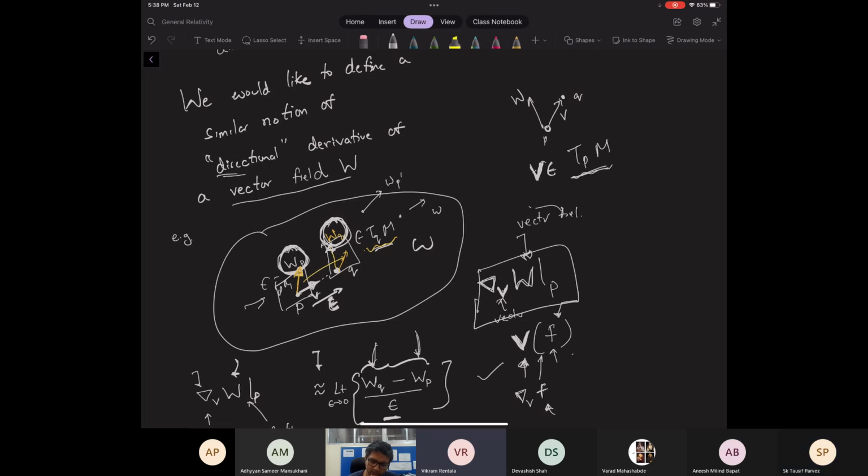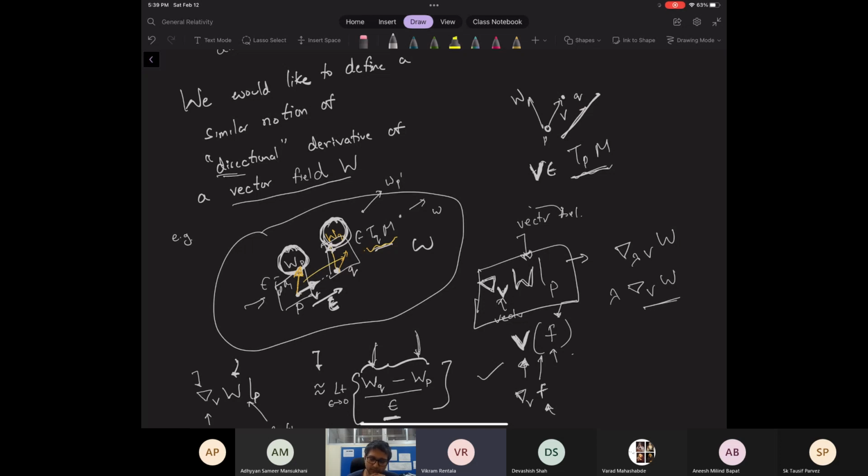One property that we'll demand for the derivative is that even if we scale this vector up by some large amount, this derivative is linear. So even if I scale V by some amount lambda, then the derivative will just be lambda times this.